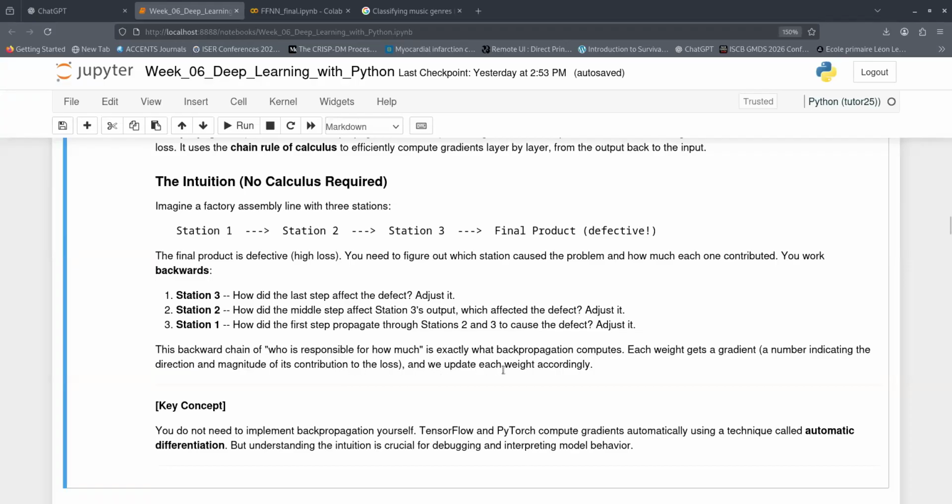And we adapt each weight accordingly. If I find there is an issue with some layer, I can update each weight accordingly, and then find no longer a higher loss, but a small loss.